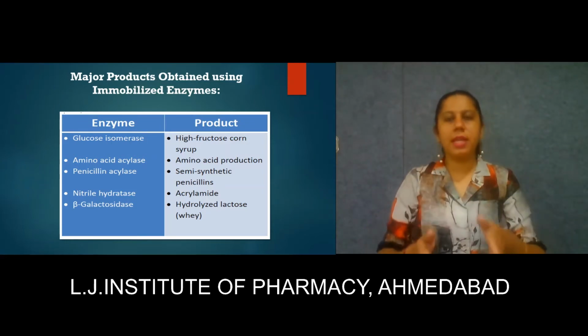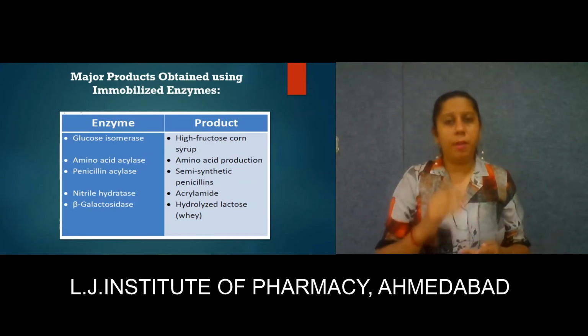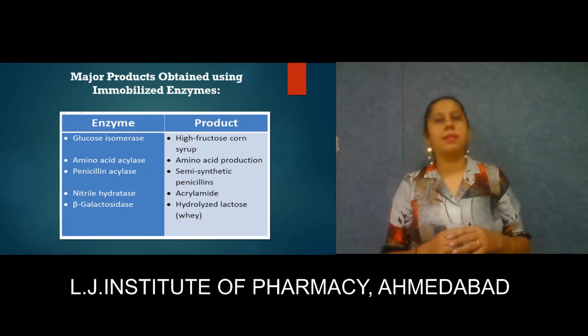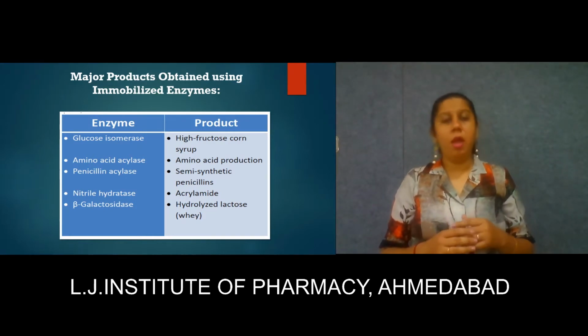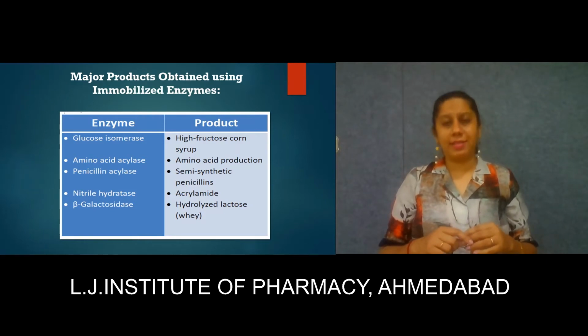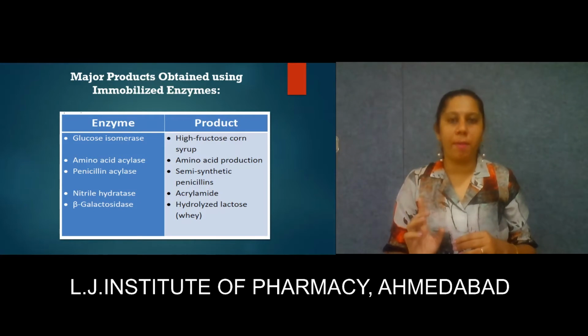Okay, so you can see in the table some of the major products obtained by immobilized enzymes. Number one is the glucose isomerase enzyme, which is immobilized in order to produce high fructose corn syrup. The second is the amino acid acylase enzyme. This was the first application which was done by Japan.